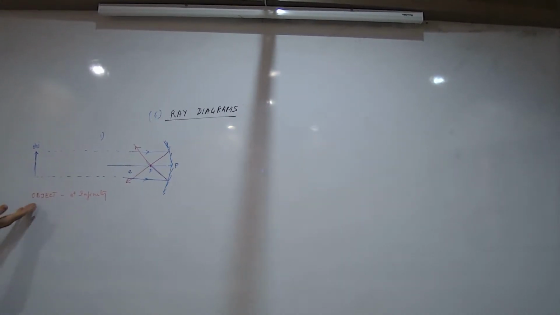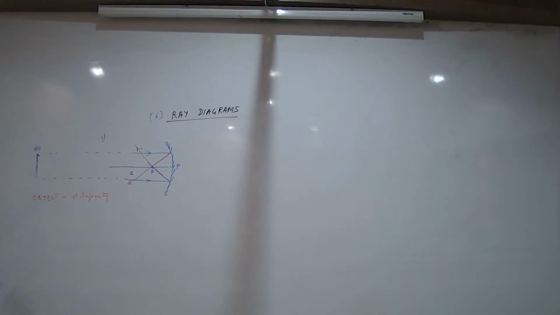Okay, so for the object I have written that it is already at infinity. Now let's write about the image.